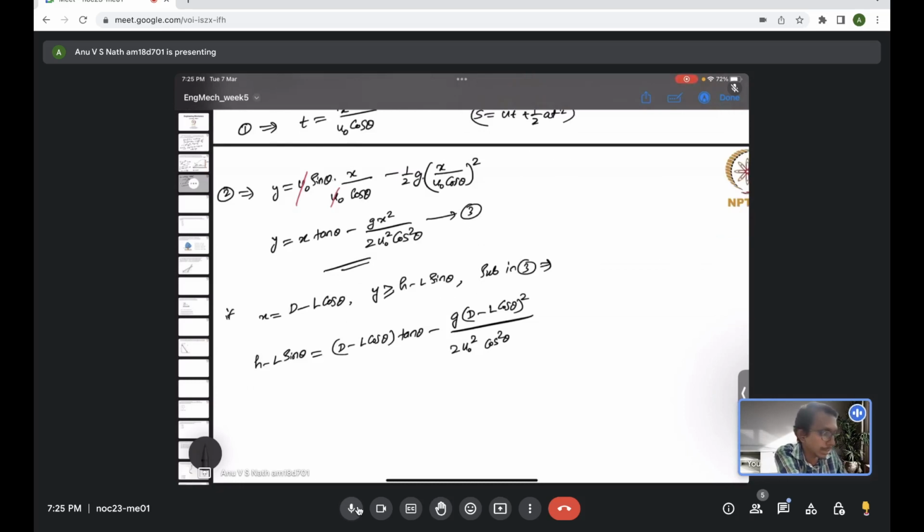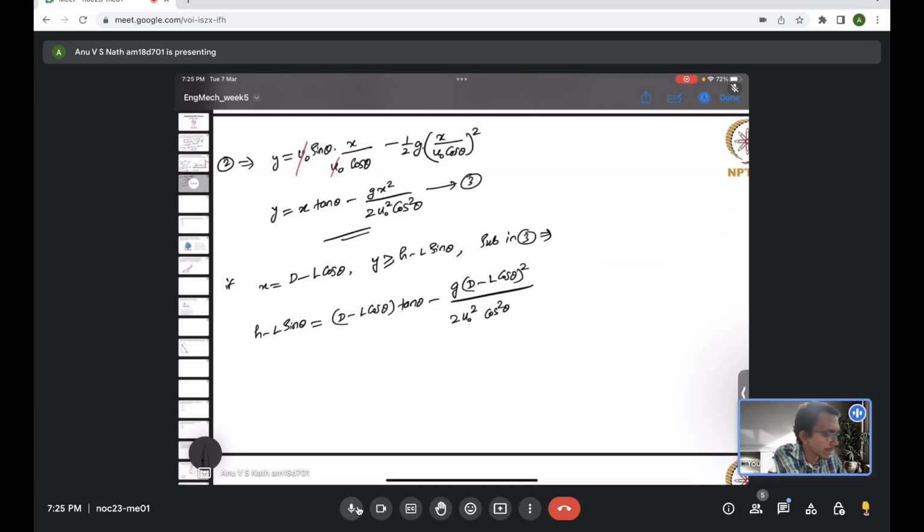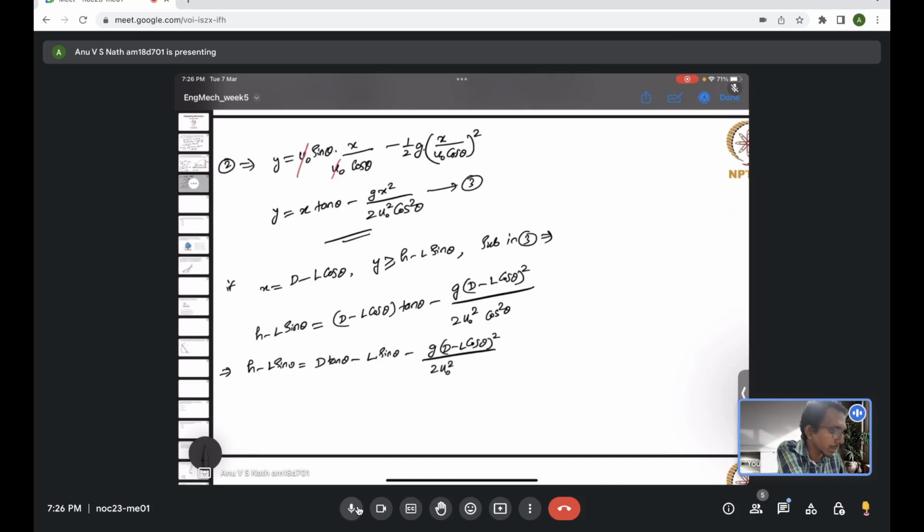So we just rearrange the equation. Before that, do a simplification. On the left side it is h minus L sin theta. On the right side, if we expand, it is d tan theta minus L cos theta times tan theta. So cos theta times tan theta is actually sin theta. So it's L sin theta here, minus g times d minus L cos theta the whole square by 2 u0 square cos square theta.